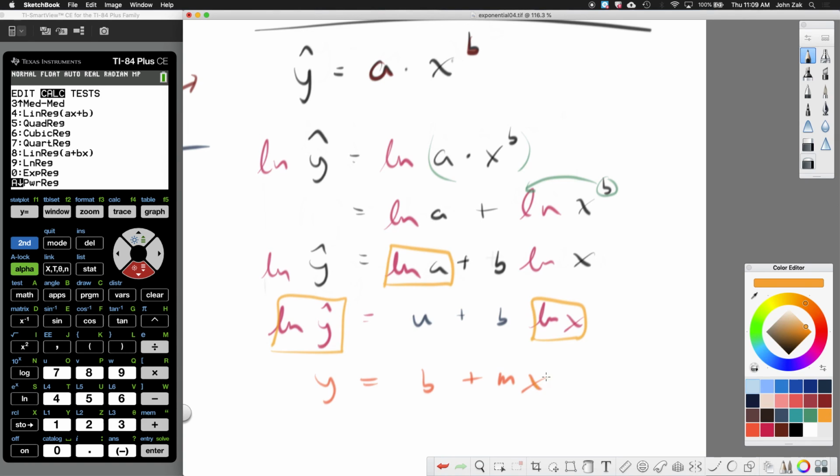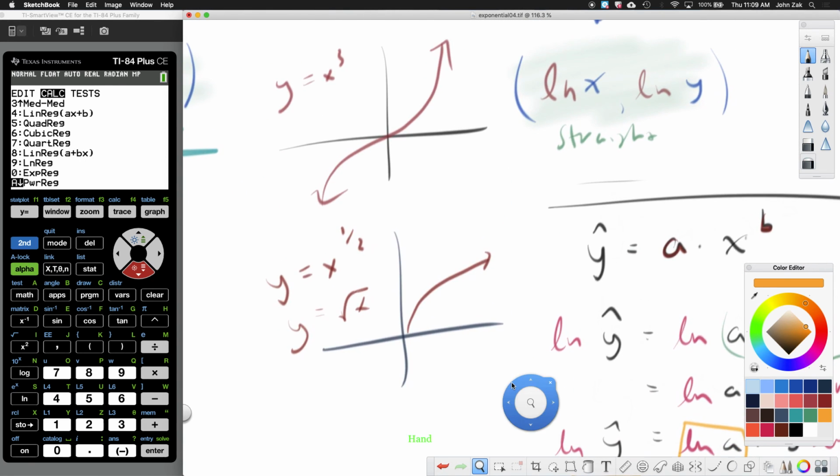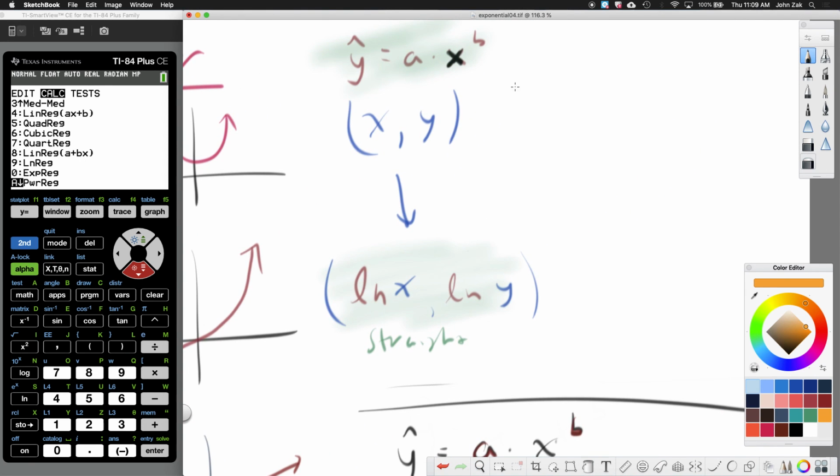Both of these are in a linear relationship with each other because I took the natural log of x, multiplied it by some number that acts like the slope, and added some number to it. In this case, that was the natural log of a. And so this is a linear relationship between the natural log of x and the natural log of y hat, and hence why we should get straight data when we perform this transformation if this is the true relationship between our variables.